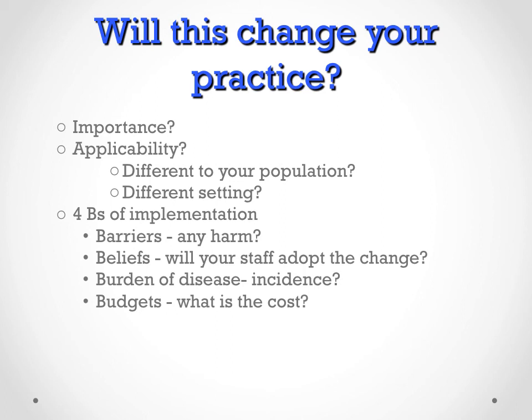What's the burden of disease or the incidence of the disease that your diagnostic test might be looking to rule in or rule out? If the incidence of a particular disease is really low and you only get a couple of cases of this particular disease per year, then you might ask yourself whether or not it's worth investing in a test just to rule in or rule out that particular disease.